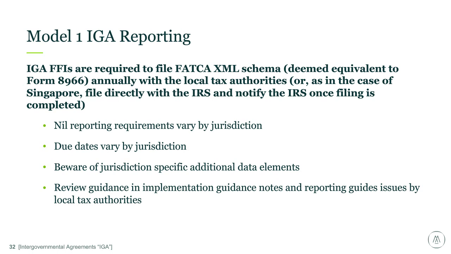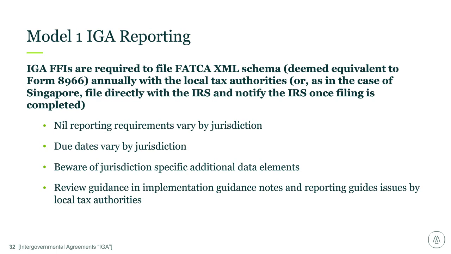Due dates for this reporting are going to vary by jurisdiction. And local guidance is issued for each of the jurisdictions within their portal, so you need to be aware if there are specific additional data elements to include. And there's usually implementation guidance notes and reporting guides issued by local tax authorities.